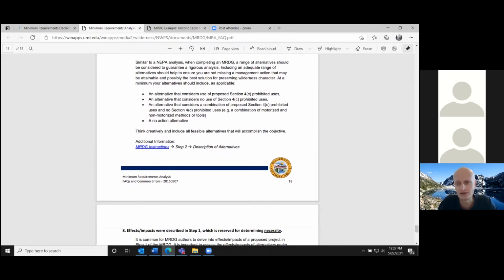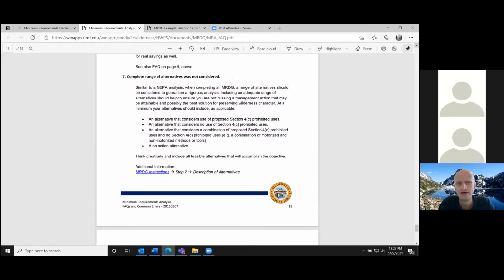Complete range of alternatives not considered. So this is an important one. And these 4 are the ones that we typically want to make sure we at least think about. An alternative that considers prohibited uses, one that considers no prohibited uses, one that is a blend, as well as a no action alternative.